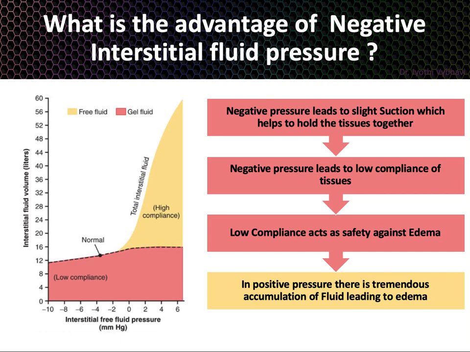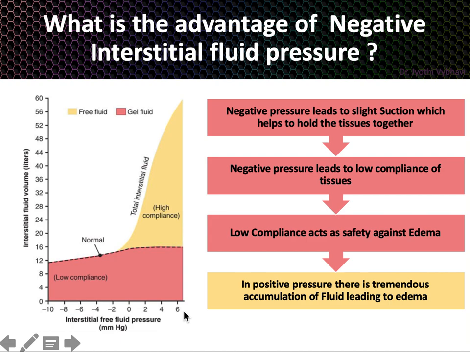Also, one more advantage is that the negative pressure leads to low compliance of the tissue. When I say low compliance, what do I mean by it? Let's look at this picture here. Don't get tensed, it's just a normal picture.